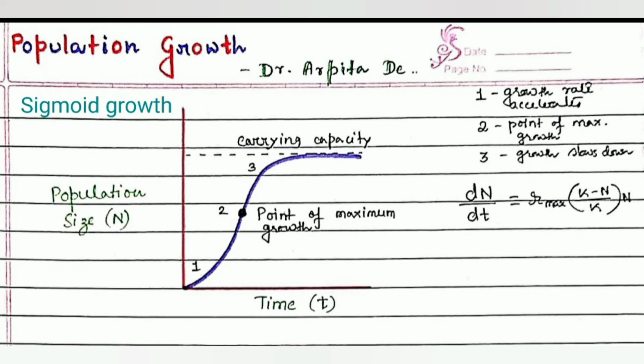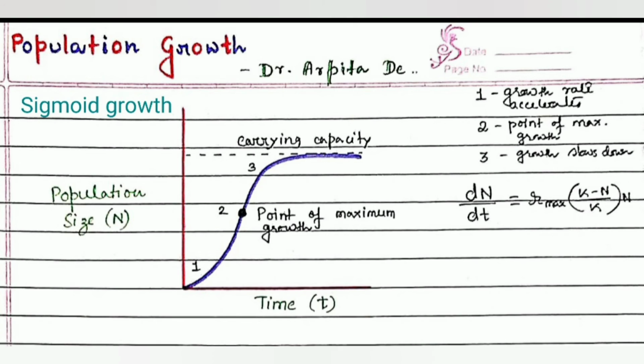Then comes the point of maximum growth denoted by 2 here, that is log phase. And finally the stationary phase where growth slows down. Here comes the concept of carrying capacity, the maximum number of individuals that a particular plot of land or place can hold or sustain. Okay.